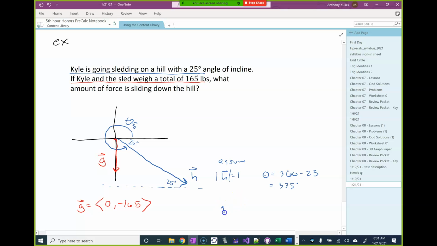So if I resolve then vector H into component form, I have 1 times the cosine of 335, and then 1 times the sine of 335.